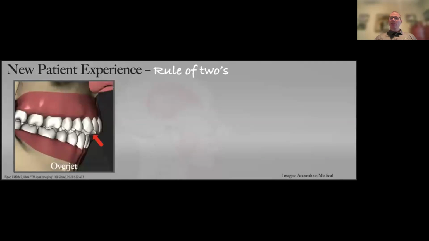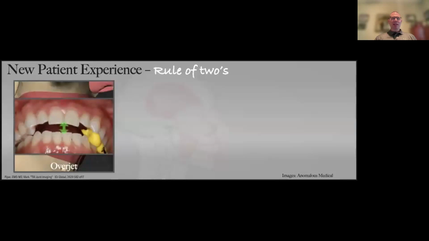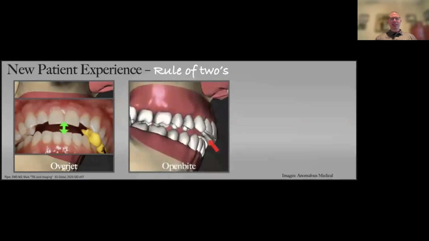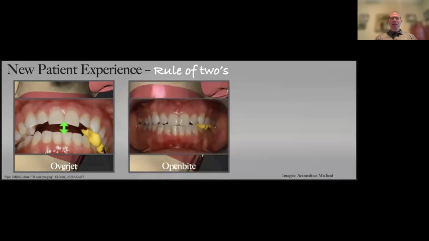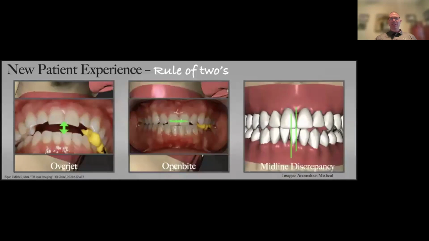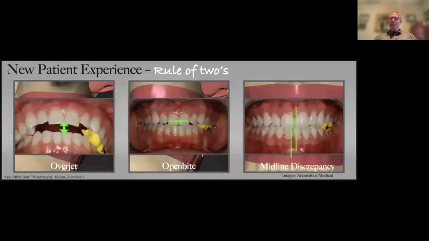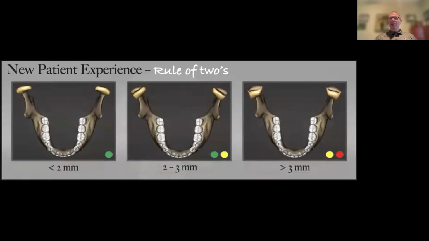If there's greater than a 2 millimeter discrepancy in the horizontal position, measured from the incisal edge position of the mandibular teeth to the lingual contact area of the maxillary teeth, a 2 millimeter open bite measured from those same landmarks, or a 2 millimeter midline discrepancy, that is an indication that there's a higher risk of some type of structurally altered joint. So the patients that have less than 2 millimeters are low risk for having some type of growth disturbance or breakdown at the joint level.